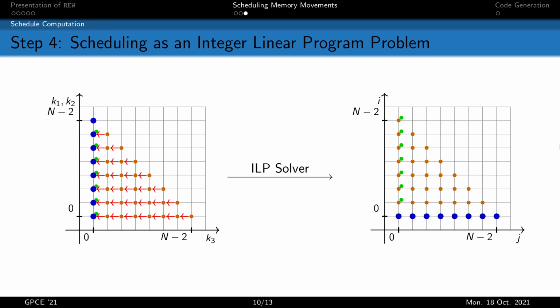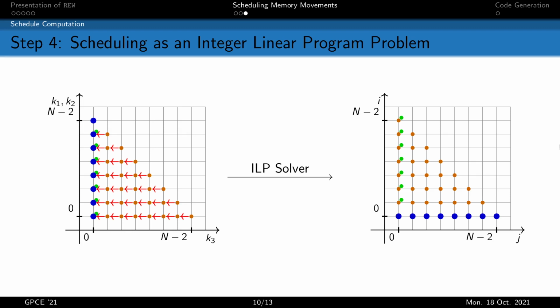Those dependencies can be expressed as linear relations over the k variables and given to an integer linear program solver, which produces a scheduling which respects the dependencies.